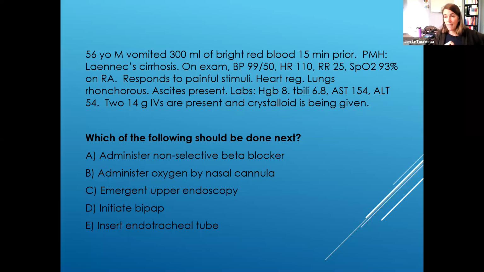Can respond to painful stimuli only. Heart's regular, lungs are rhonchorous, he's got ascites, hemoglobin's 8, bilirubin 6.8, AST 154, ALT 54. He's got two 14-gauge IVs, and crystalloid is being given. What should you do next?